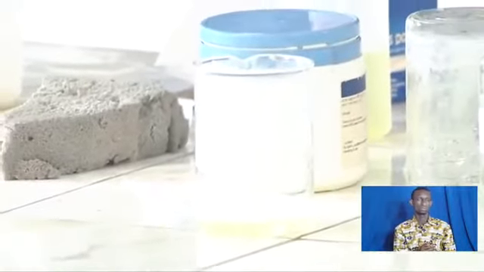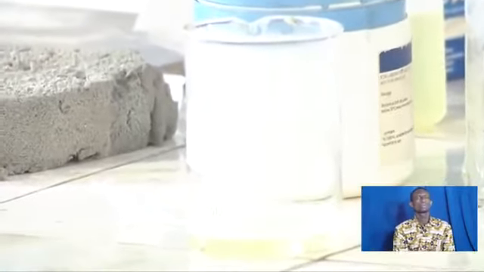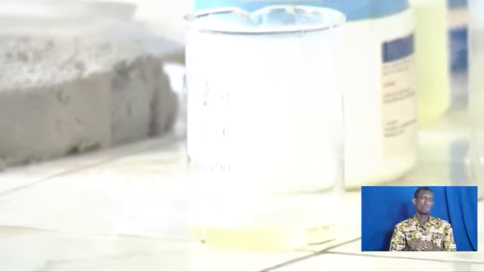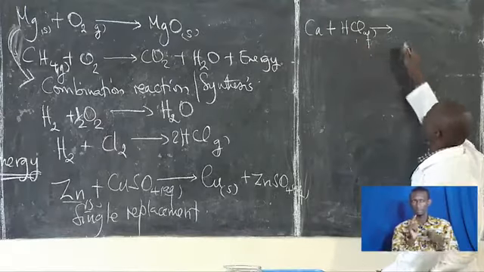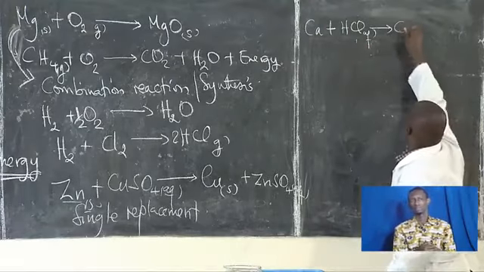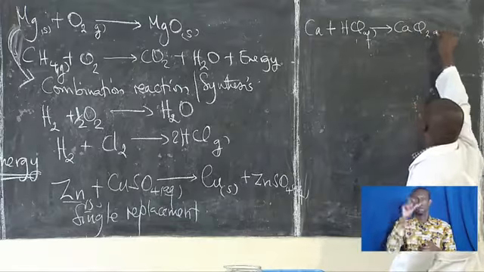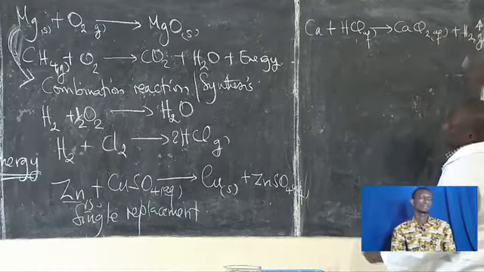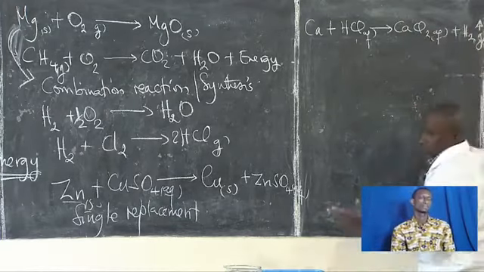So it means that calcium is reacting with HCl, and when it reacts, the calcium metal displaces the hydrogen, and then you have calcium chloride plus hydrogen gas. That is the gas being produced, coming out of the solution. So the calcium is used up now. That is another type of reaction that we call single replacement.